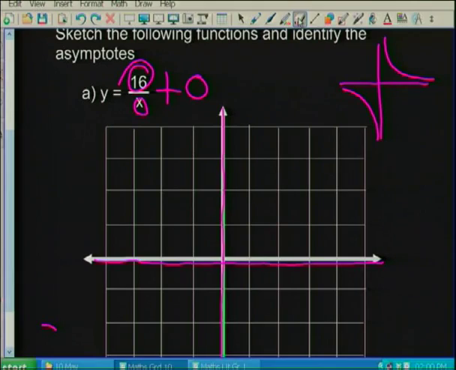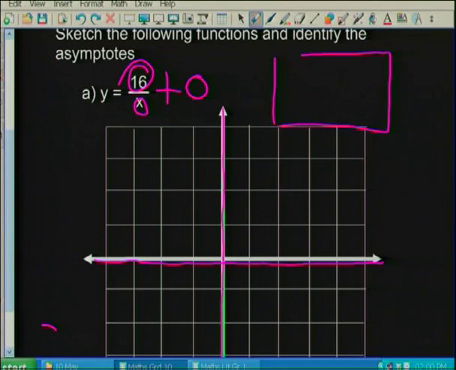Now what I need to do is plot a couple of points to make sure that I'm doing this accurately. You guys are allowed to use the graphing function of your calculator to get a table with x and y for yourself. That is absolutely allowed. However, you can also just make a little table yourself, which is what I'm going to do.